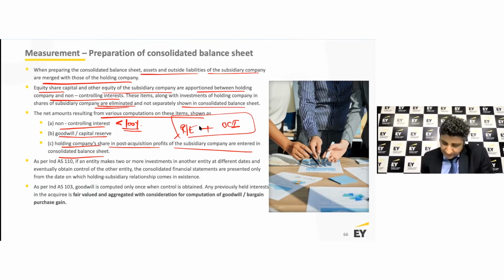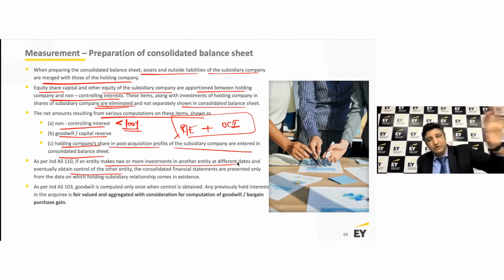Now we would be dealing with the case where a company makes two or more investments in another entity at different dates. You're talking about, let's say, a step acquisition. The consolidation would only happen when you control. So if you had a 10% stake earlier and then it becomes, let's say, 80%, you don't have to worry about the 10%. You don't consolidate because there's no parent-subsidiary relationship.